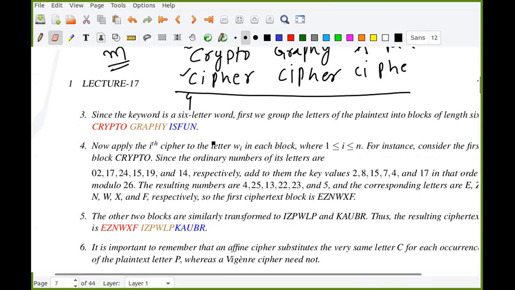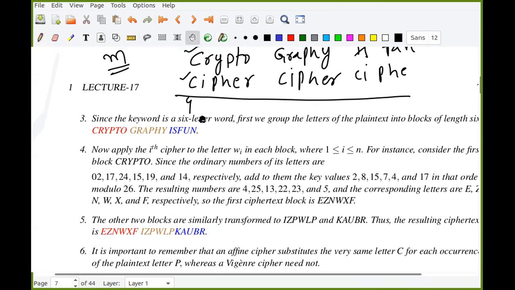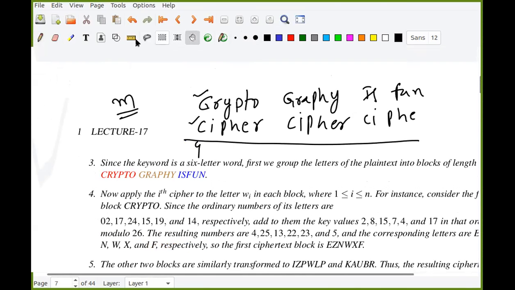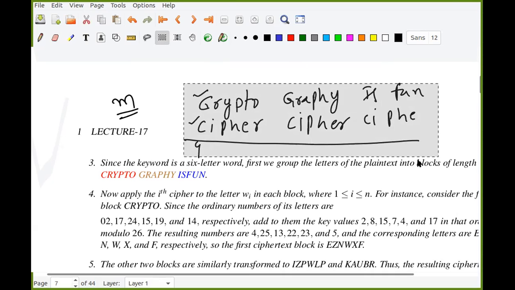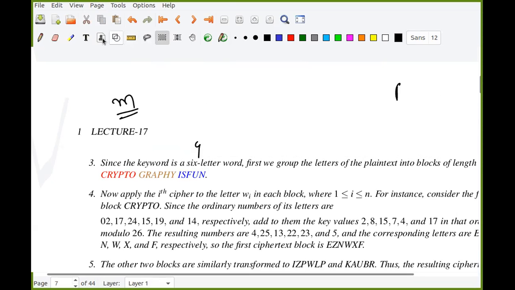Am I okay or not okay? Those who are interested, check out how Vigenère cipher can be tackled. Cryptanalysis of Vigenère cipher is a good subject and very interesting. Am I clear? Yes, sir. Okay.